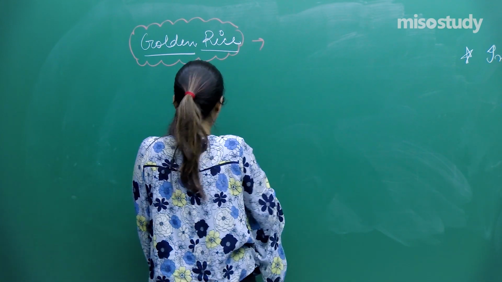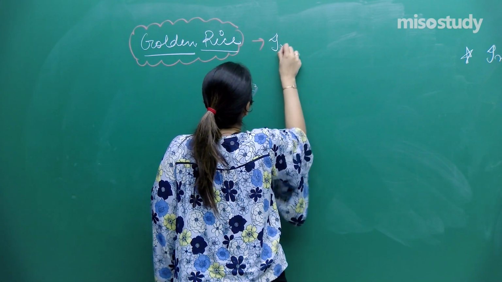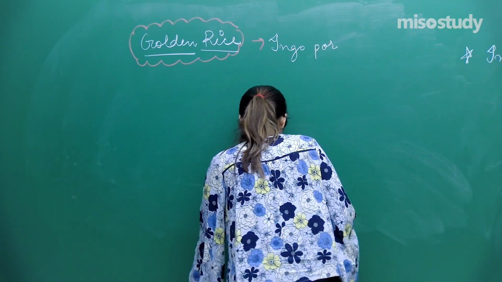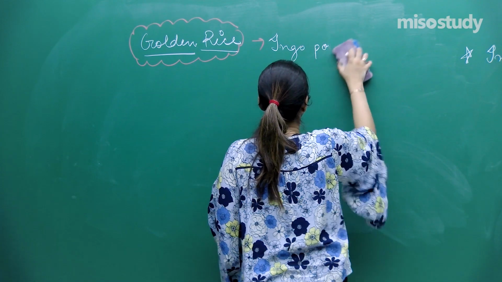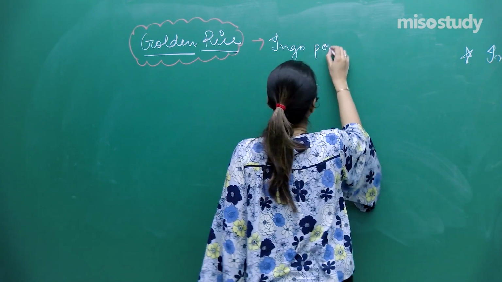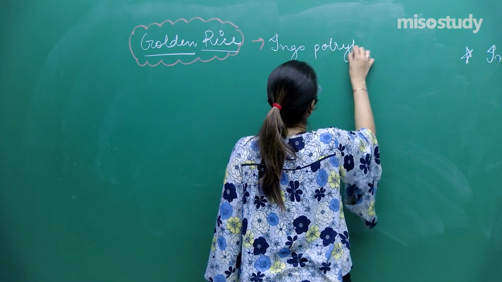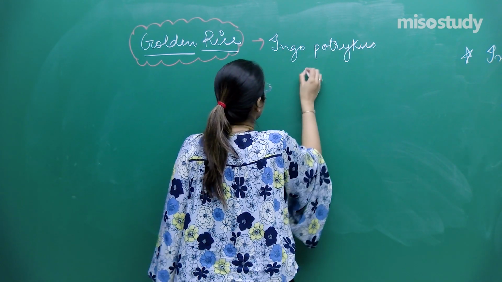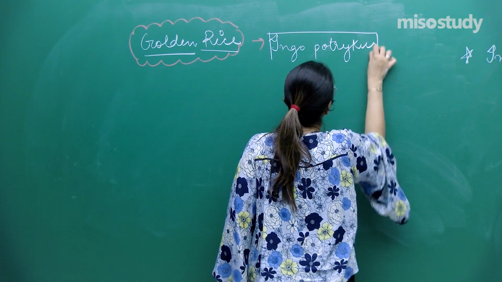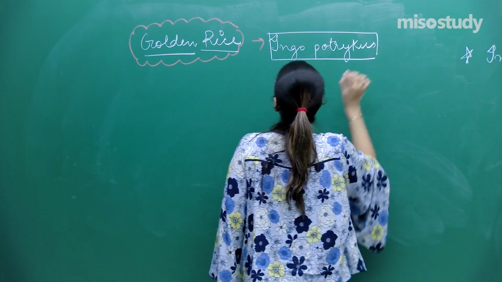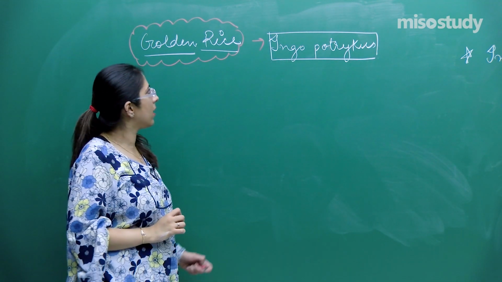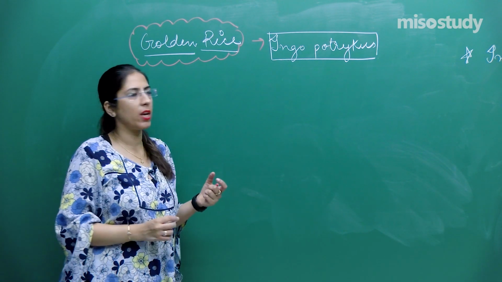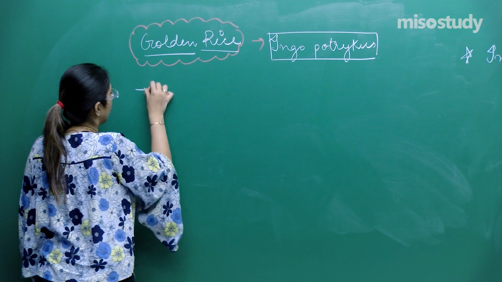Made by Ingo Potrykus, right. So this was a golden rice which was made by Ingo Potrykus, and the golden rice is rich in what?